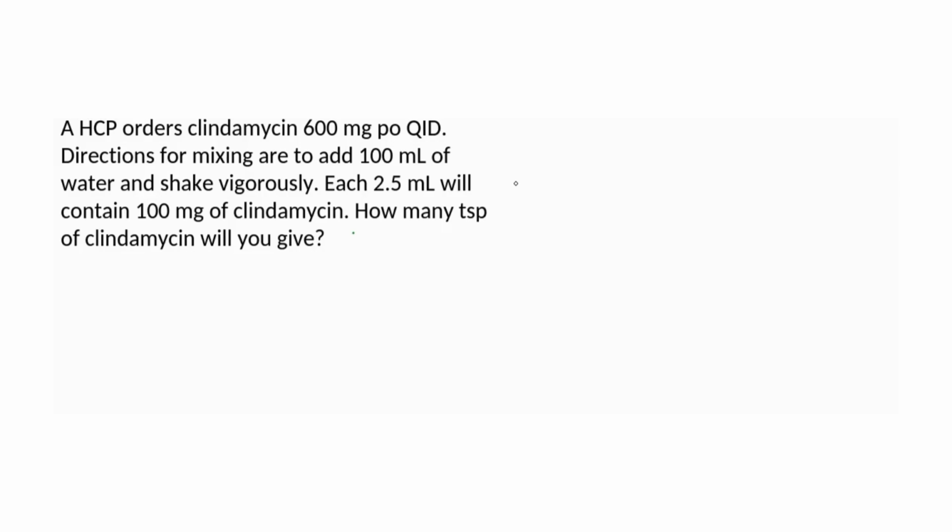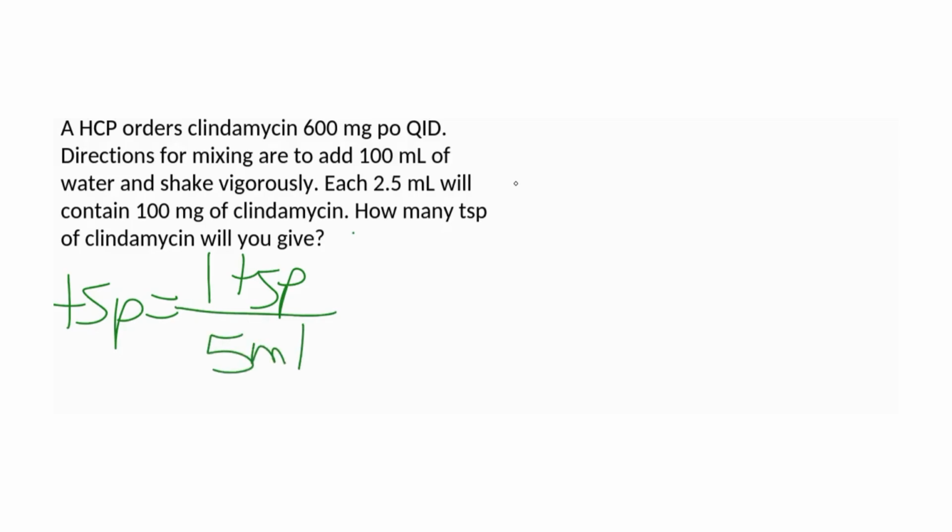So remember, with dimensional analysis, when you're setting up your equation, you want to start with the unit of measure that you need. So we need teaspoon. So we're going to start with teaspoon, and we're going to put 1 teaspoon is equal to what? 5 milliliters. Now, as I said, dimensional analysis doesn't use formulas, but you do need to know your conversions, and your instructor may or may not give you conversions.